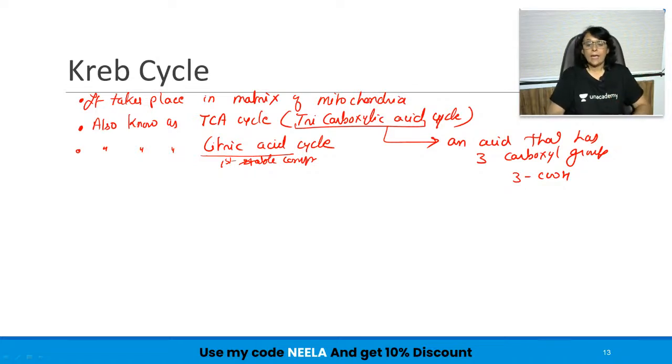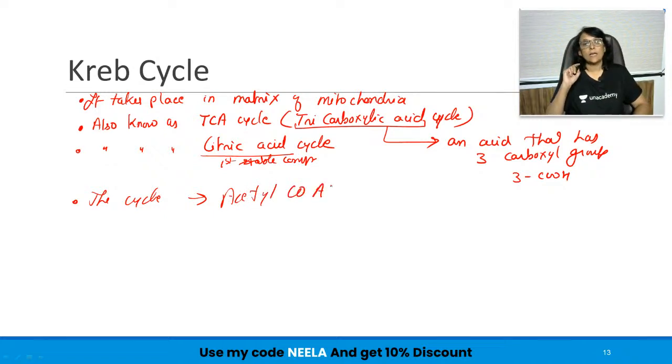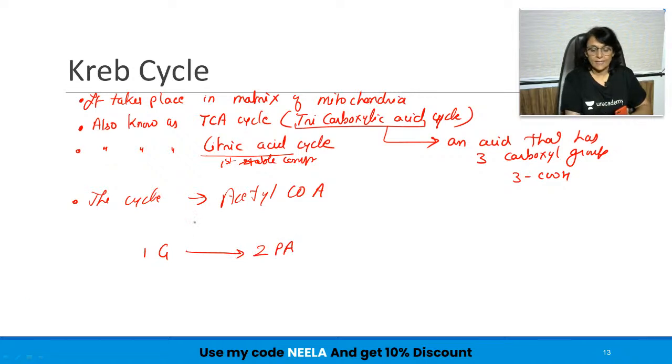Alright, and what does it start with? The Krebs cycle starts with acetyl coenzyme A. And how is this acetyl coenzyme A formed? From one glucose molecule we got 2 pyruvic acids. This was the glycolysis step.